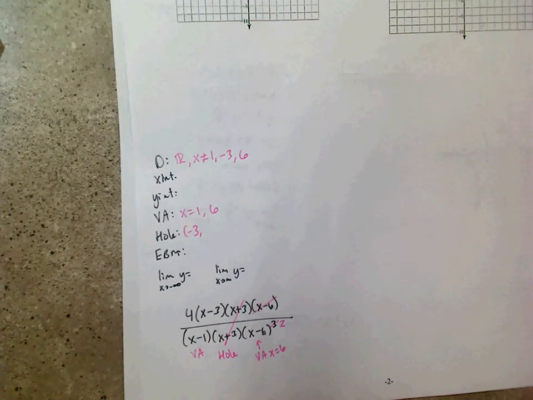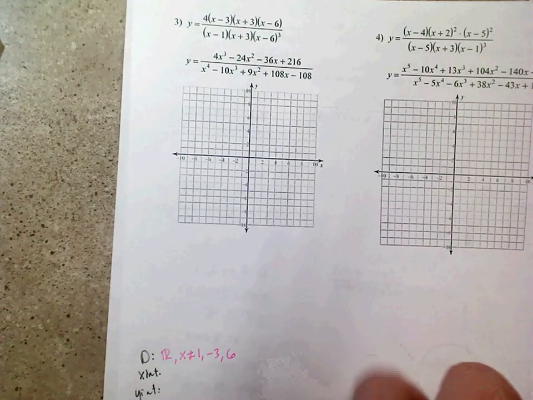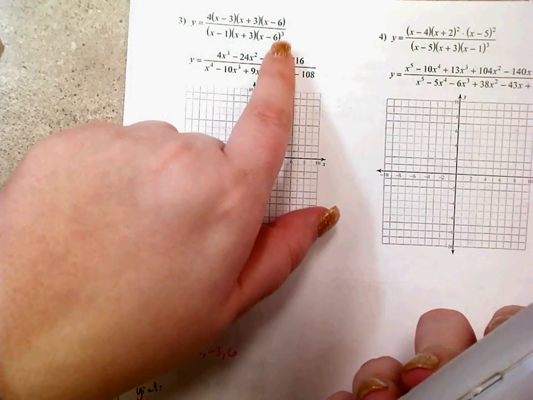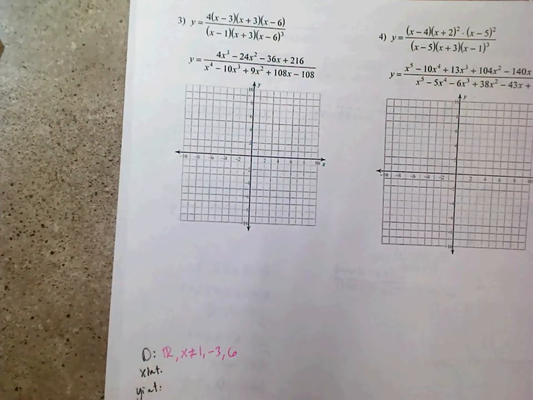I don't have the same function on top and bottom. Something was wrong. I knew something was wrong because that's 3, 4, 5, and that's only a degree of 4. Okay. Well, that stinks. We'll go grab a different calculator real quick.